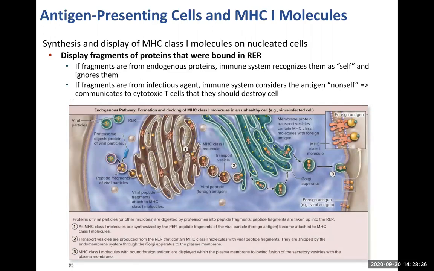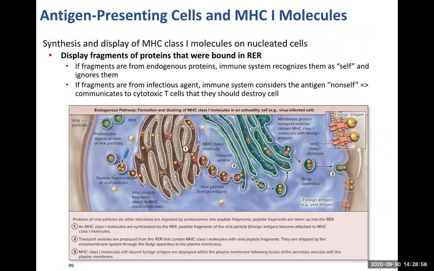MHC1 is how cytotoxic T cells recognize their specific antigen, okay? And that is why, when we started out, and I think in the last lecture, I was saying that cytotoxic T cells are really good, along with natural killer cells, at recognizing virally infected cells. This is the reason why.